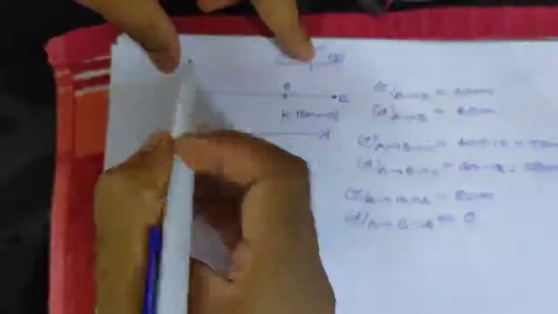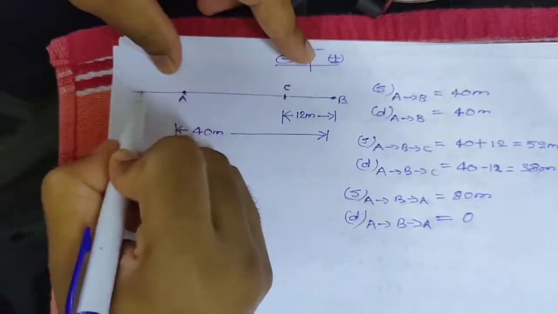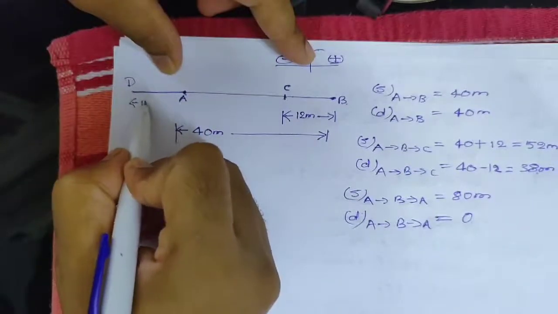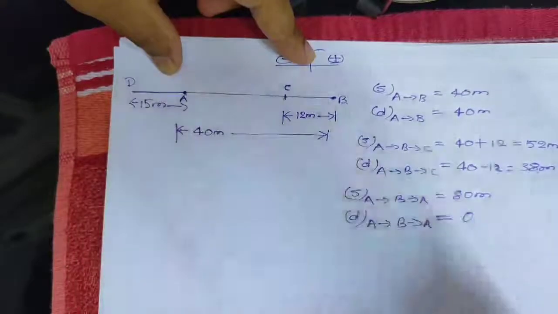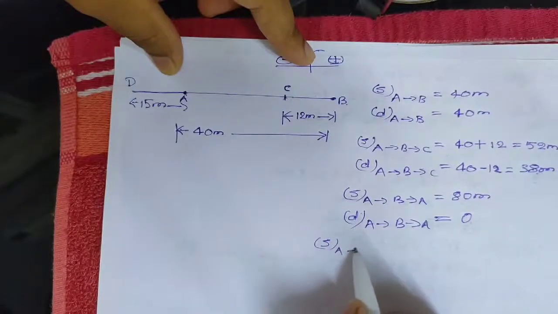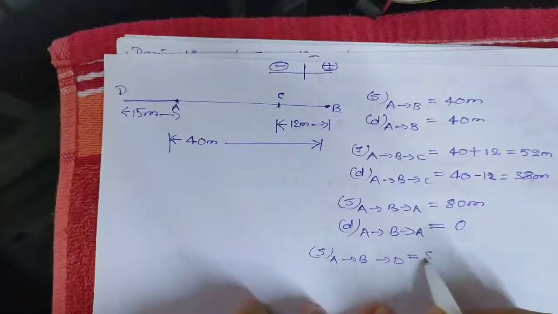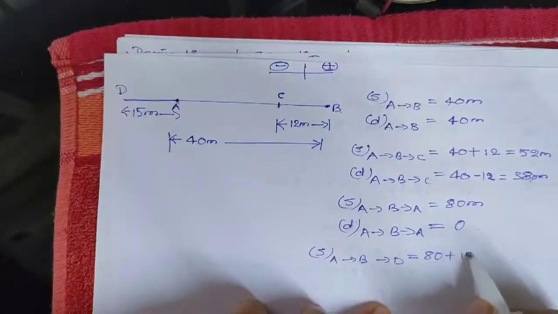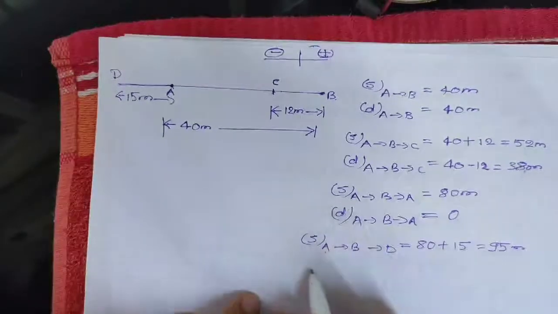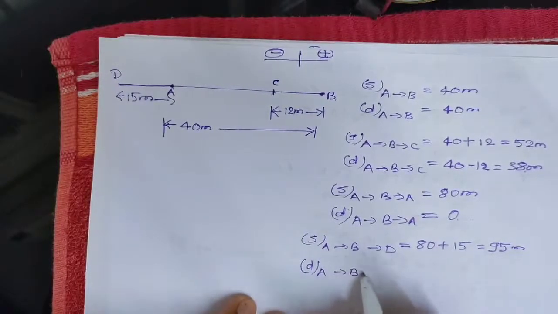right? Suppose after reaching A, the object moved further in the leftward direction. Say it reached here D, and the distance is say 15 meter. What will be the distance traveled by the object A to B and then to D? It will be 80 plus 15 meter, 95 meter, fine. And how much is the displacement from A to B to D?